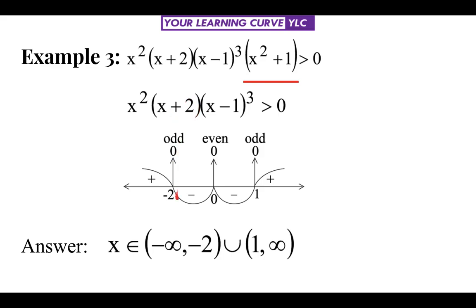Minus 2 comes from this bracket, has the odd power, we'll write the power as odd. 0 comes from this factor, we'll write the power as even because it is square. Nothing is in denominator, everything is in numerator, so values at 0, minus 2 and 1 will be 0, 0, 0.